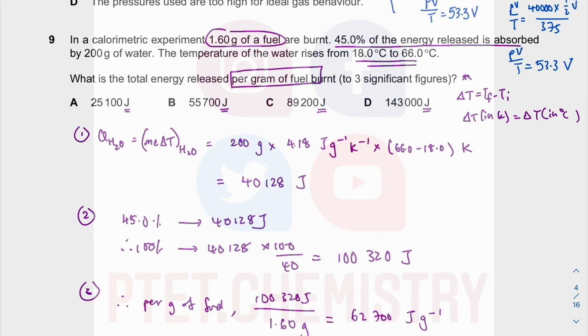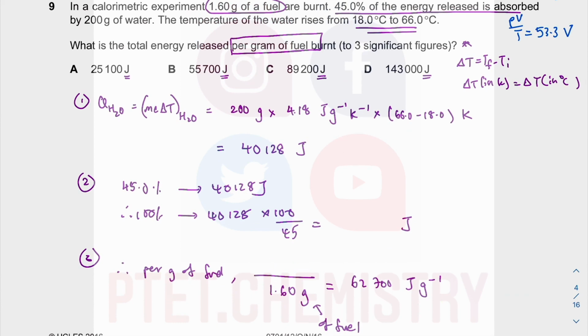Have I done this correctly? Why is none of the answers given there? Let me just double check my working again. So 66 minus 18 times 4.18 times 200, that's 4128. 45% of the release is absorbed by that much water. So that much times 100 divided by, you see I used 40, it should have been 45. So this was a very, very careless mistake, and something that you can avoid if you are more careful, not careless like me.